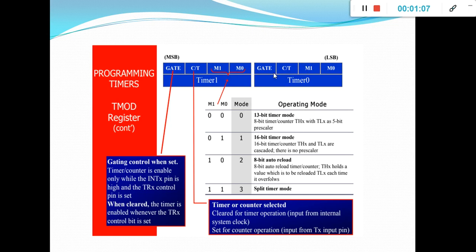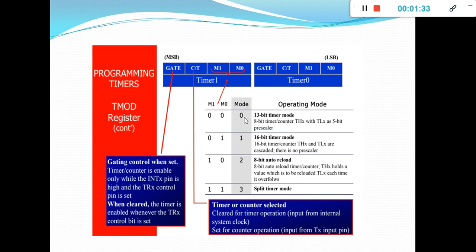The remaining lower bits in timer 0 and timer 1 are GATE and C bar T, which are used to specify the operation. Now we'll see in detail, first M1 and M0. Here you can see the table for operating modes. There are 4 modes: mode 0, mode 1, mode 2 and mode 3.